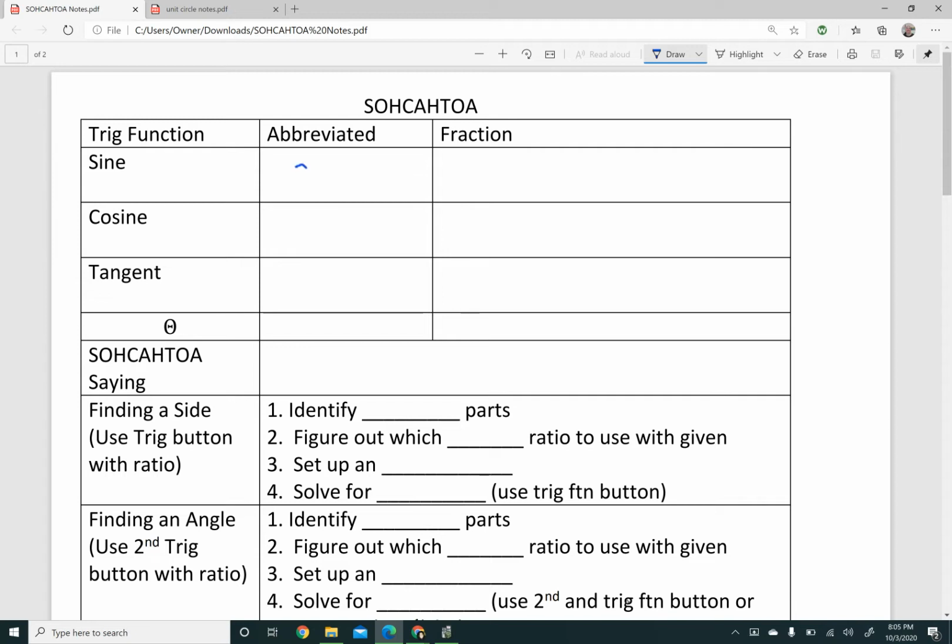The abbreviation for sine is sin, and we say sine of theta. Cosine is cos of theta. And tangent is tan of theta. This is called theta. It is the variable for angles.